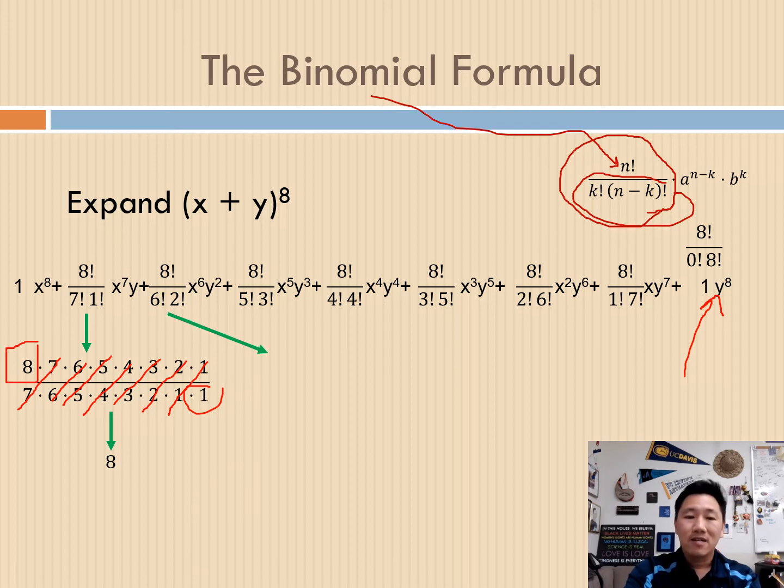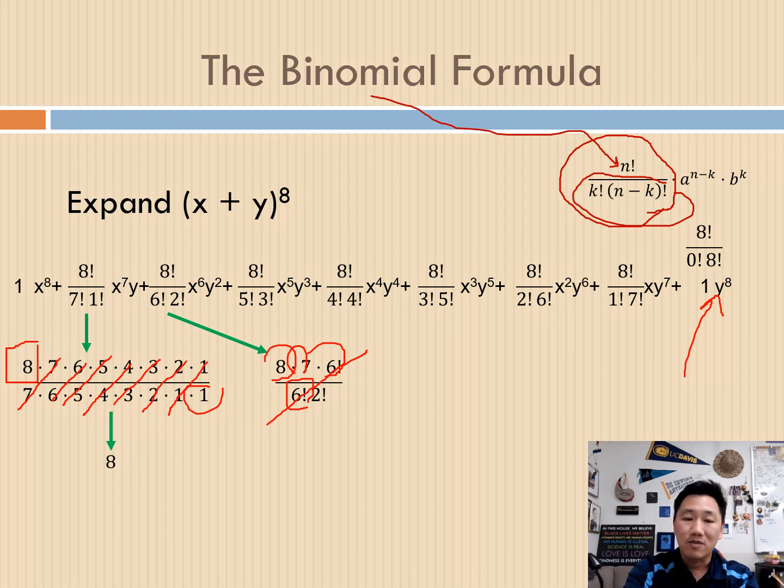The next one, you don't always have to expand it all out. There are little shortcuts. Like this one is 8 times 7 times 6. But instead of writing 6, 5, 4, 3, 2, 1, I'm just going to write 6 factorial. The reason I do 6 factorial is if you look at the bottom, it also has a 6 factorial, and so those cancel out.